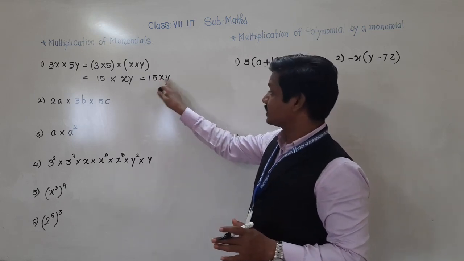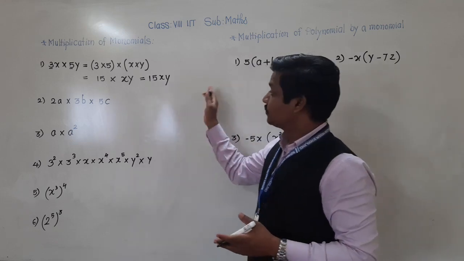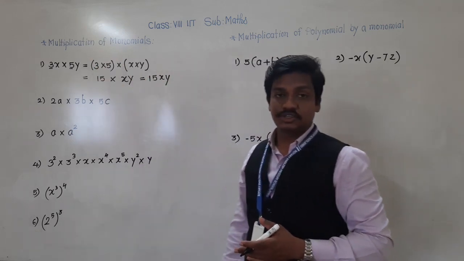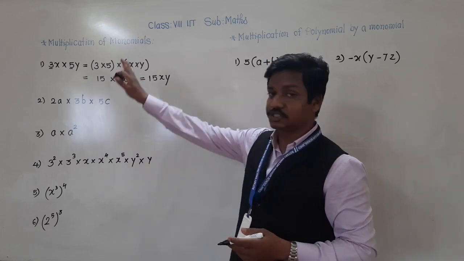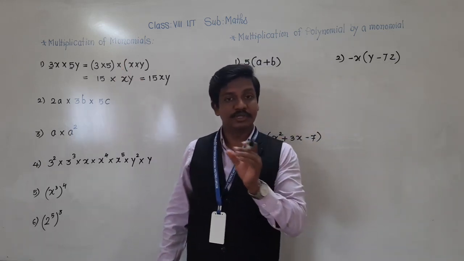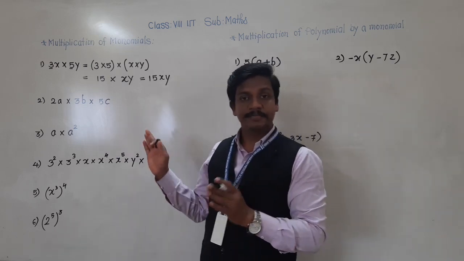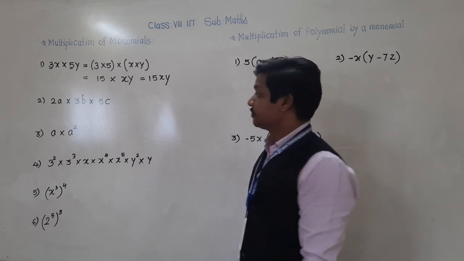Obviously between 15 and xy there is a multiplication sign, but we need not write that. So 15xy is the answer of this multiplication of these two monomials. What we have to do? First, multiply the numerical coefficients. Secondly, multiply the literal coefficients, and again combine the result.